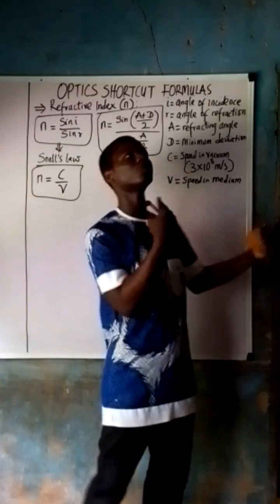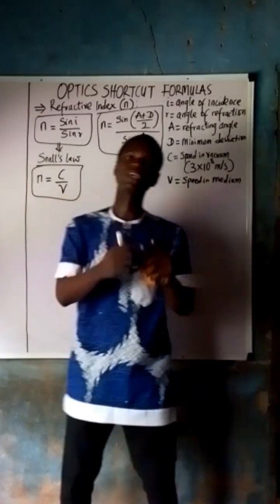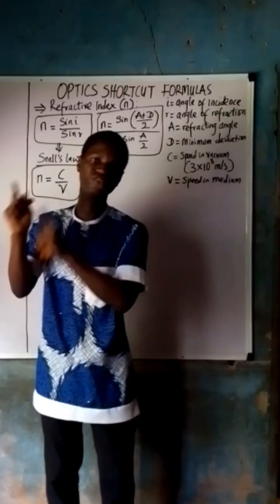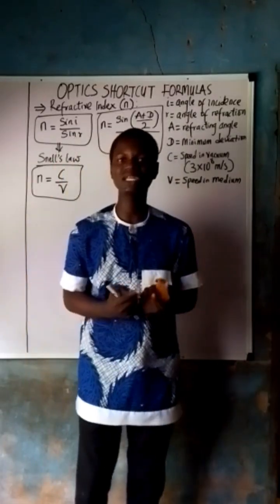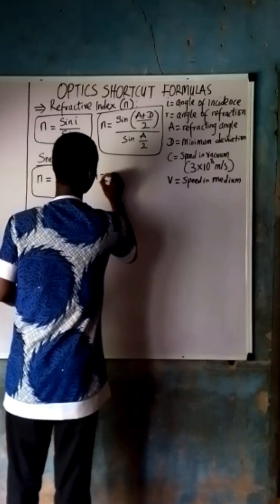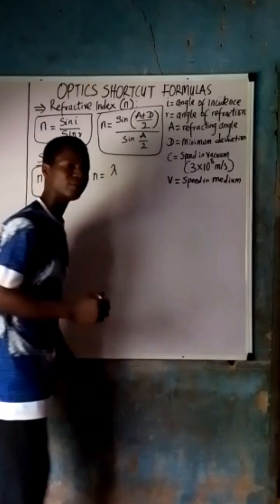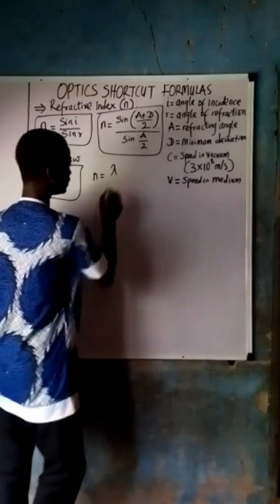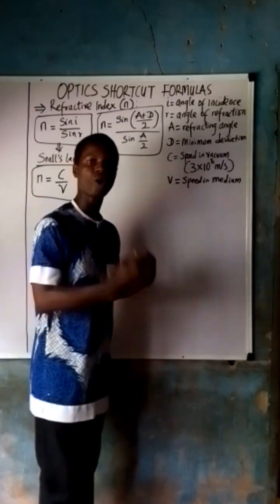What if we're not given velocity, but wavelength? How will you calculate your refractive index? The formula to use will involve lambda, which is the symbol for wavelength.